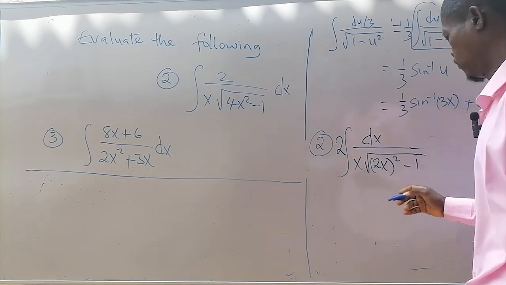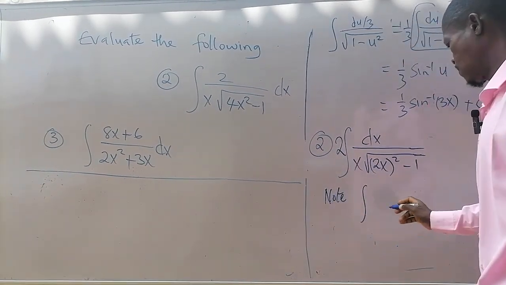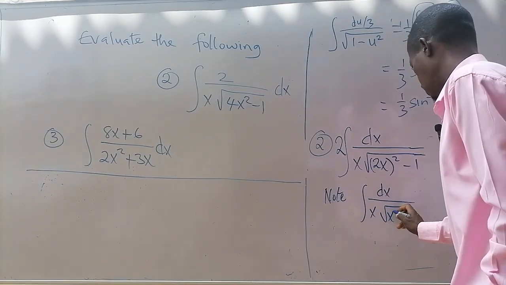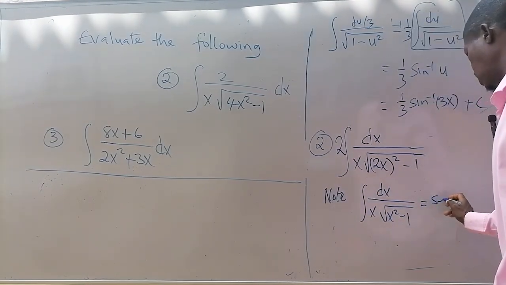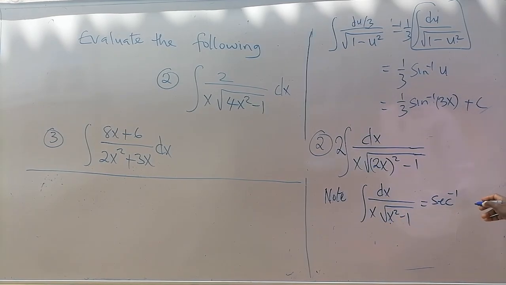Then we can say, note, the integral of this, x squared minus 1, is equal to arc sec, the function we have here, arc sec x. So we can apply that to this one.